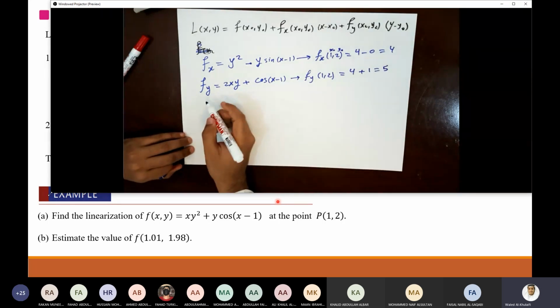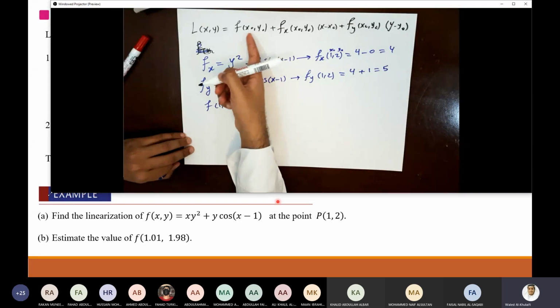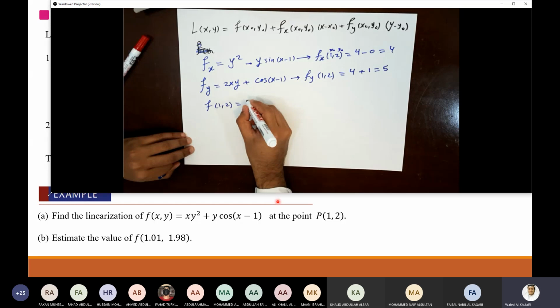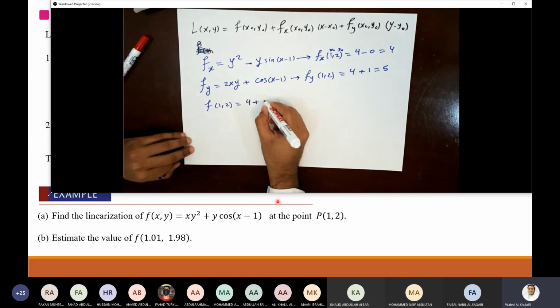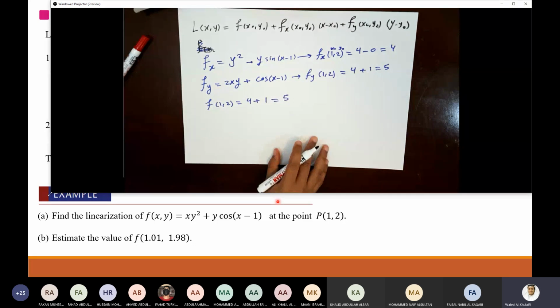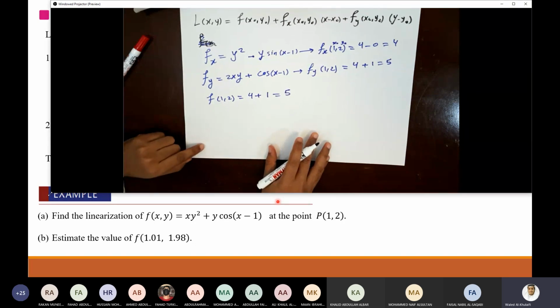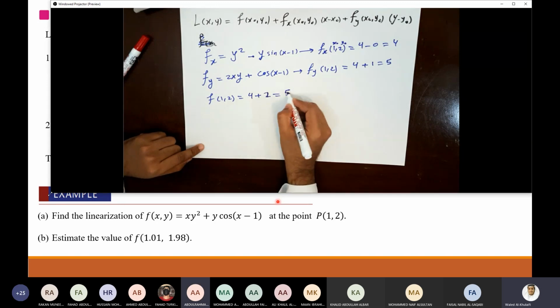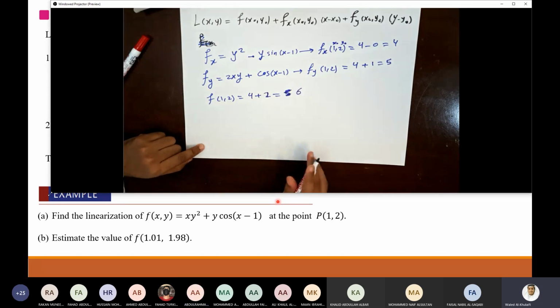We forgot this f(1, 2), because I need to substitute at this point. So f(1, 2) will be equal to 4 plus cosine 0, which is 1, so it will be 5. Now, actually 2 here, 4 so 6. Yeah, so 6.